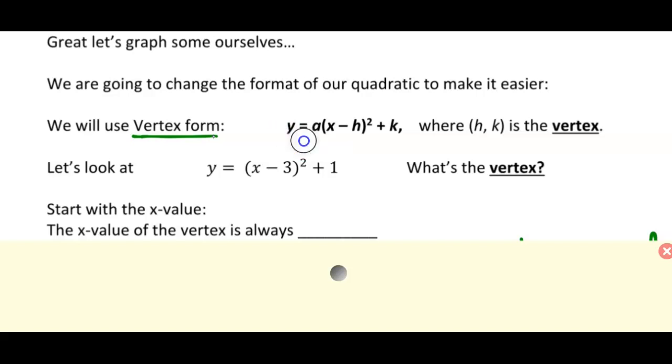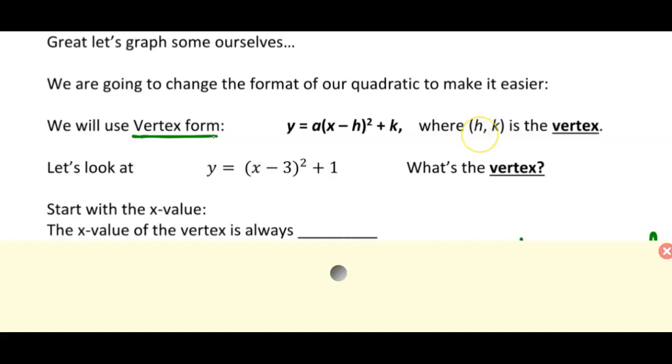So I've got y equals a, so that could be any coefficient. Often it's 1, sometimes it might be negative, sometimes it might be a number, and that'll affect how our graph looks, skinny or fat. We'll talk more about that later.